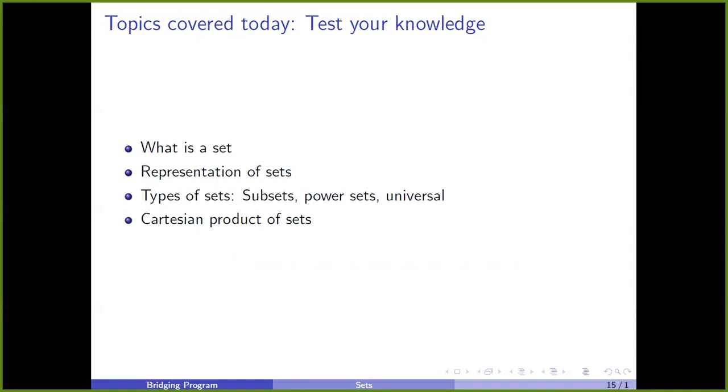And then we looked at different types of sets, power sets, universal sets, Cartesian products, and so on. So these are the topics that we covered, and we will continue with this lecture. We will look at a few other things in the coming lectures as well.